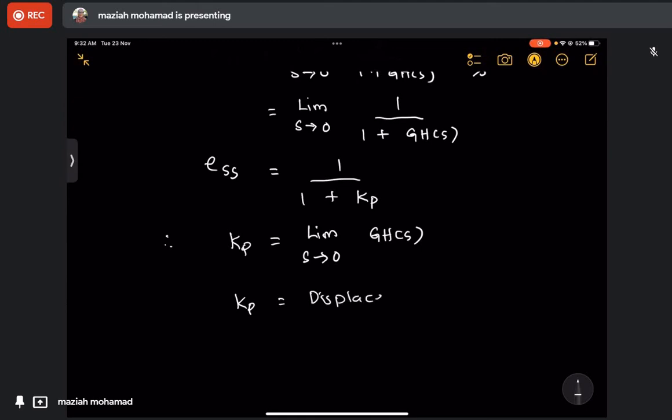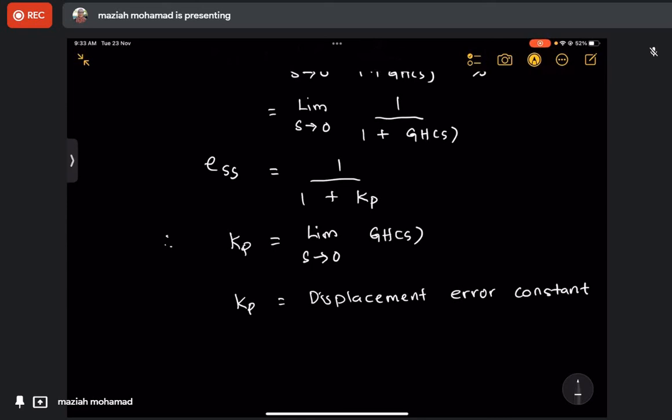So if you have any system and you want to calculate the steady state error, and the input is unit step input, you can calculate it using 1 over 1 plus Kp, where Kp, the displacement error constant, is calculated using limit S goes to 0 for the open loop transfer function of the system.